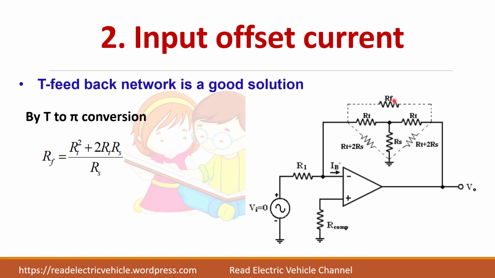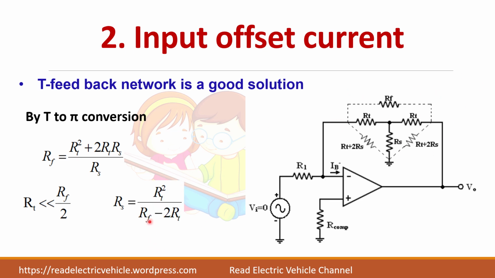So RF is given by this equation, RT square. You can see here RT is here and this is the RS part. Initially you have to choose RT such that it is very much less than RF by 2. With this assumption we can design the circuit.